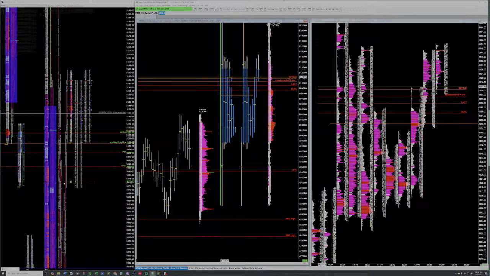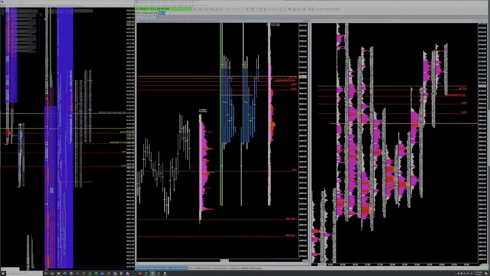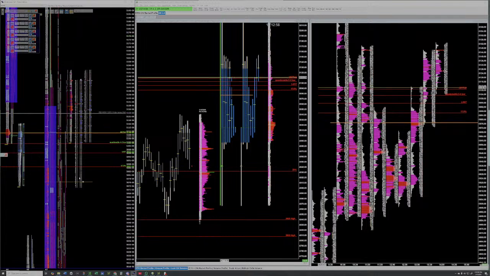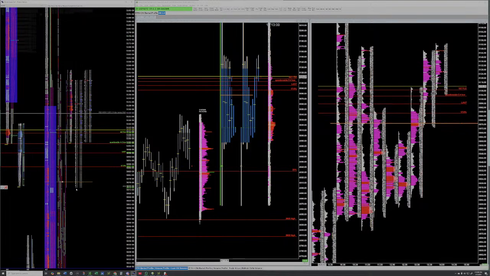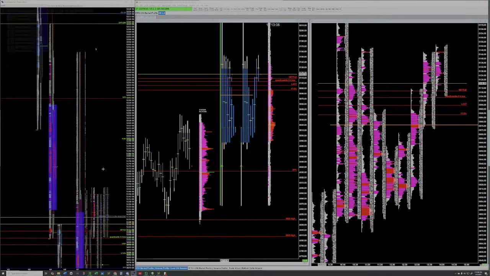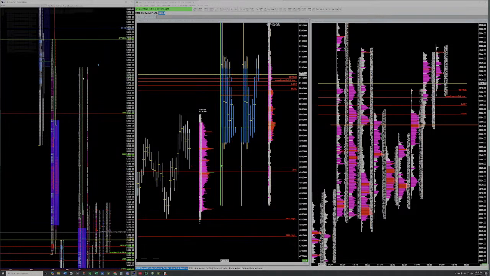Notice where this rally came from: Halfback, exactly from Halfback. Actually, I'm going to label that as Halfback daily, this one.